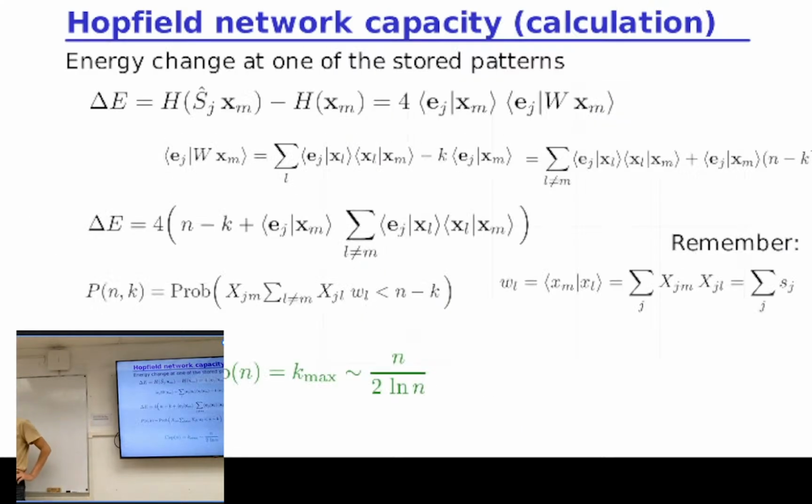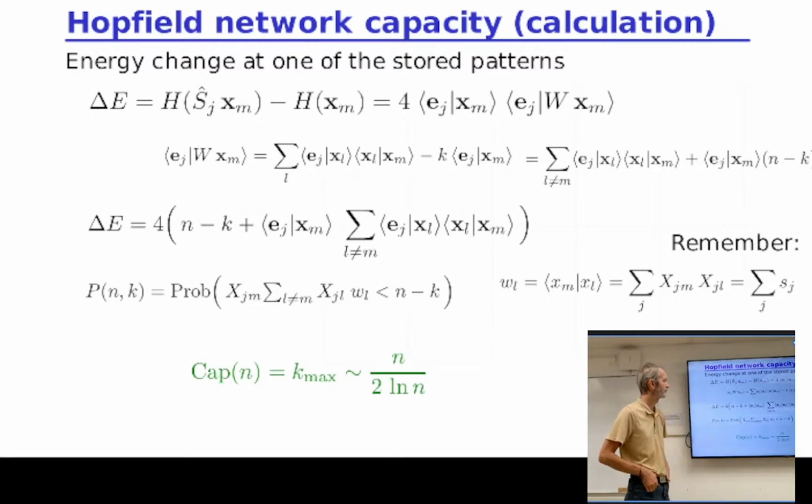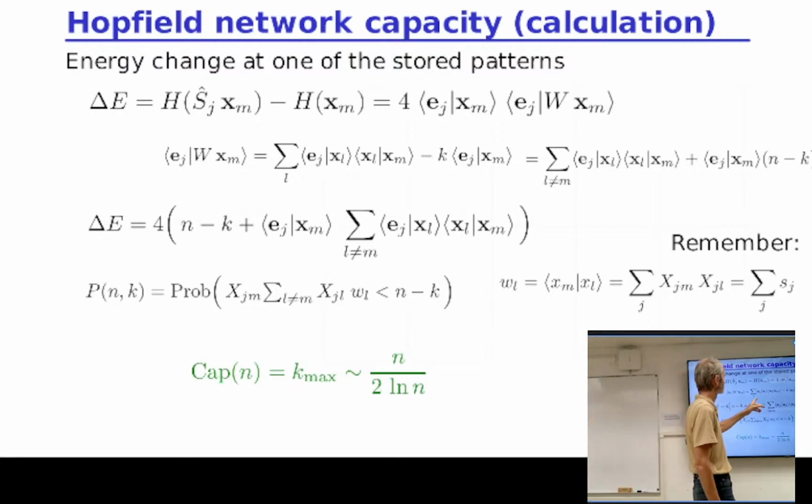I mean, this is a slide where I wanted to explain how you can calculate this probability analytically. But essentially you use that all elements of all patterns are random values, +1 and -1.